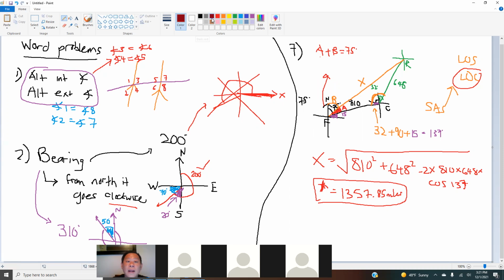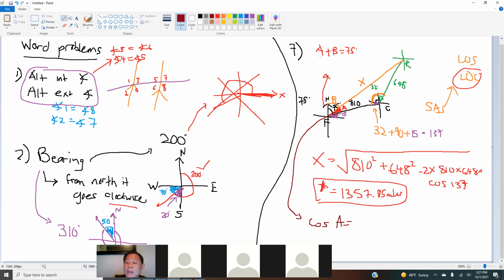So in order for us to find angle A here, we're still going to use the law of cosine. So cosine A. What sides form this angle A? The sides in this case are X and 810.